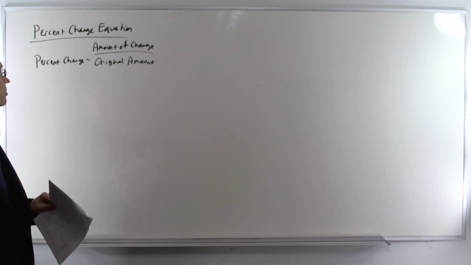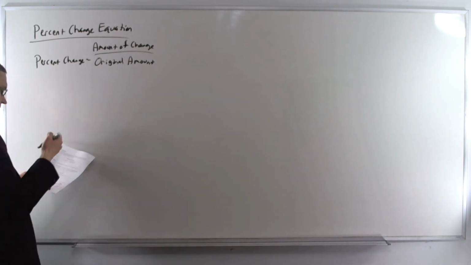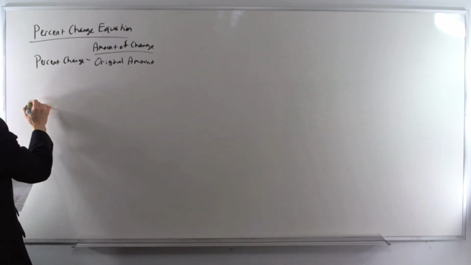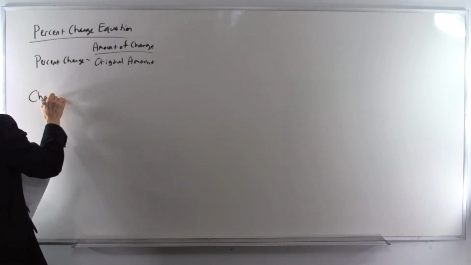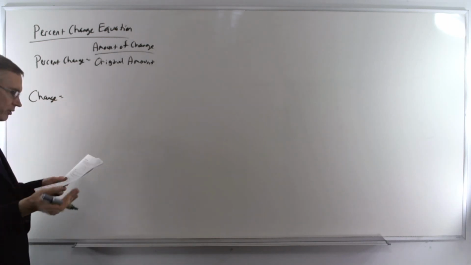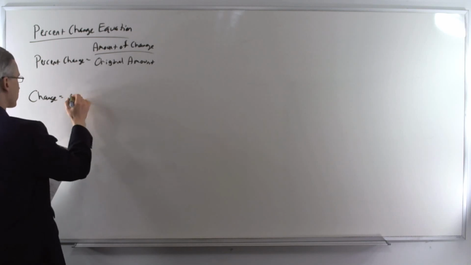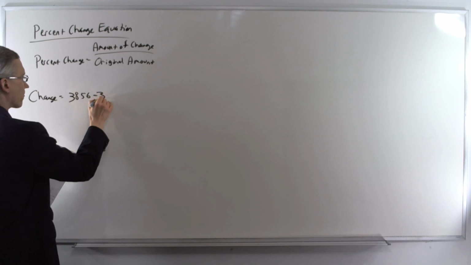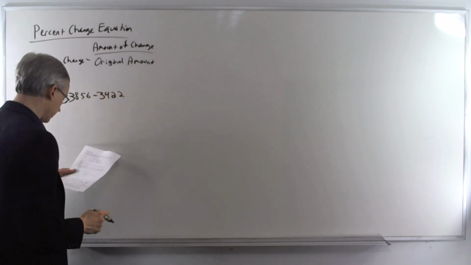So the first thing we always want to do in these, if this is the information we're given, is to find the amount of change. All right, so that's going to be subtraction. We want to find the difference between the new amount and the old amount. So 3856 minus 3422.